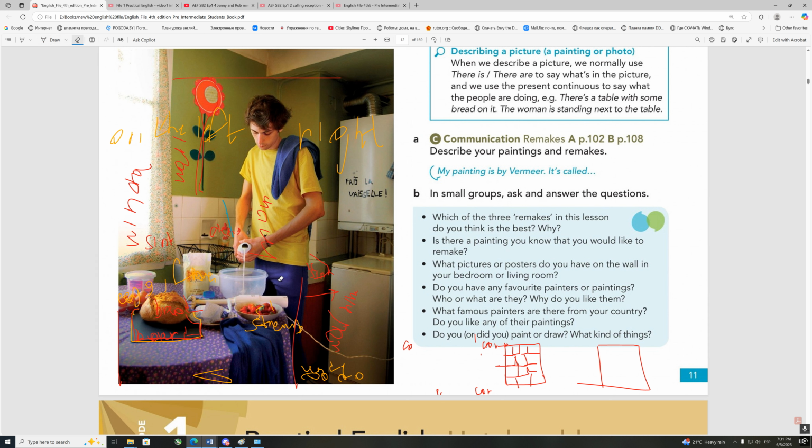Do you see the sink? Yeah. The sink is the place where you put your hands and wash. Sink. Yeah, thanks.